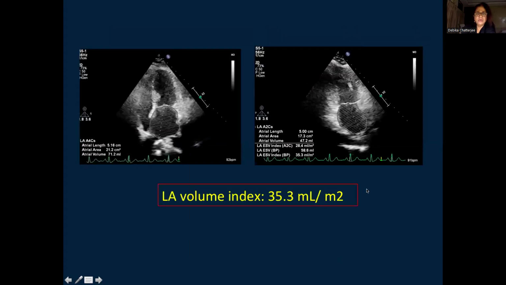But as we measure the LA volume index, we find it is 35.3 ml per square meter, using the summation method from the 4-chamber and 2-chamber views. So this is the fallacy. We cannot only measure the LA anteroposterior diameter. We need to practice this every day in the lab.